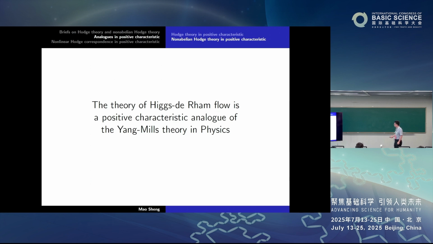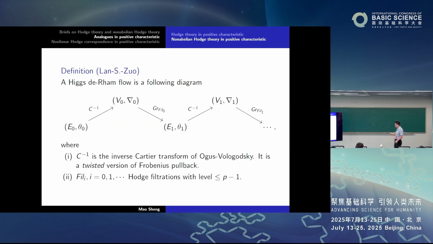So let me first explain the core definition of the Higgs-de Rham flow theory. A Higgs-de Rham flow is a diagram. The diagram has two layers, the bottom layer and the top layer. Every term in the bottom layer is a Higgs bundle, and the top one is a flat bundle.